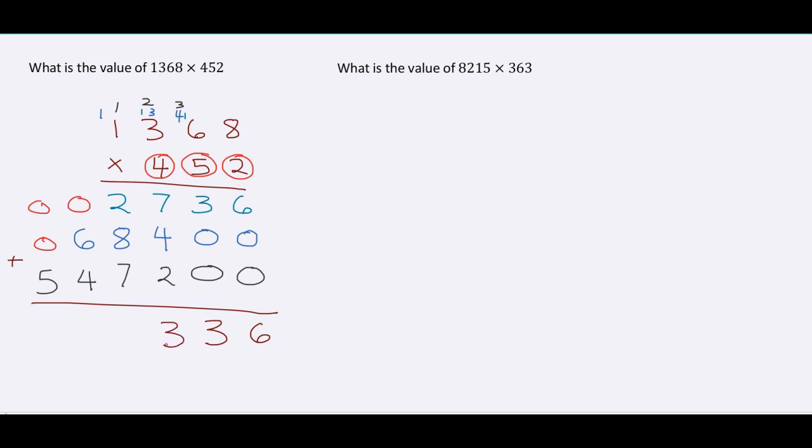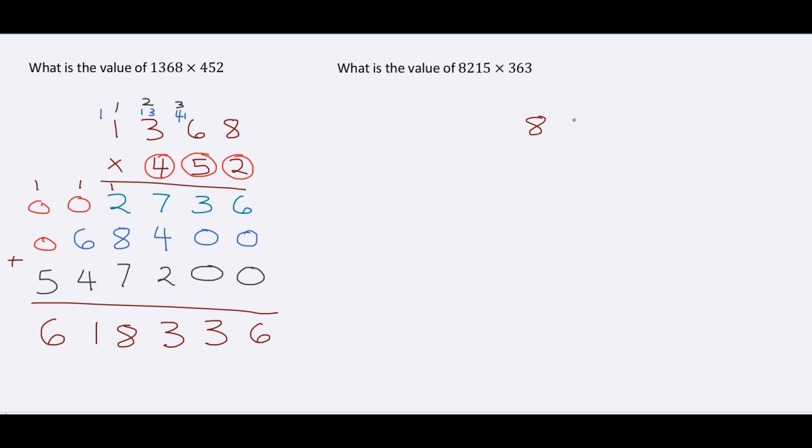So I'm going to write a 3 down here, carry up a 1. 1 plus 2, 3 plus 8, 11 plus 7, 18. I'm going to write an 8 here, carry up a 1. 1 plus 0, 1 plus 6, 7 plus 4, we have 11. So I'm going to write 1 here and carry up a 1. 1 plus 0, 1 plus 0, 1 plus 5, 6.